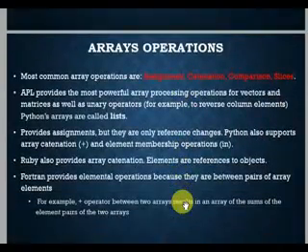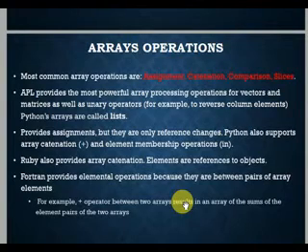And what types of array operations take place on this? The most common array operations are assignment, catenation, comparison, and slices. APL provides the most powerful array processing operations for vectors and matrices, as well as unary operations such as the asterisk symbol, for example, to reverse column elements.